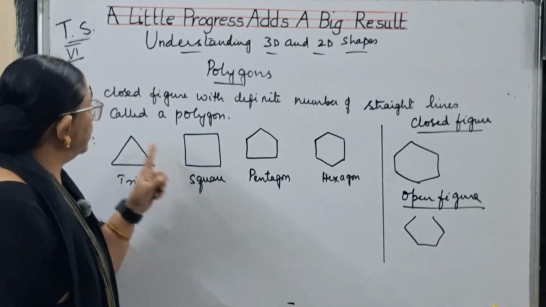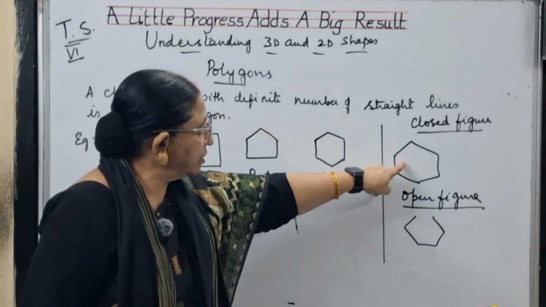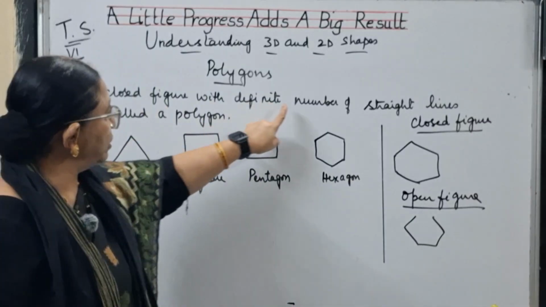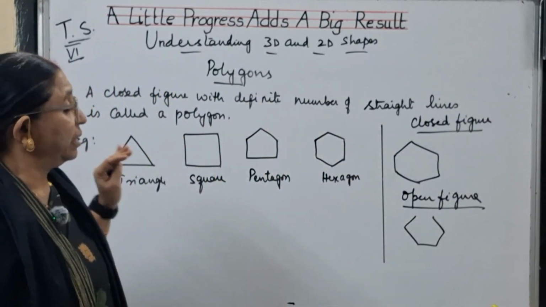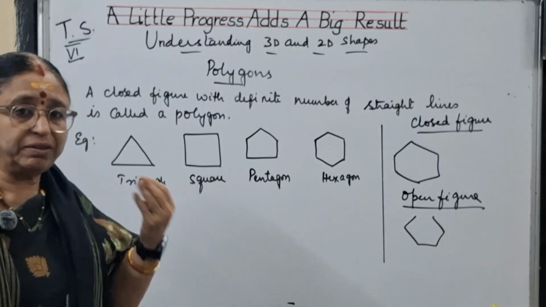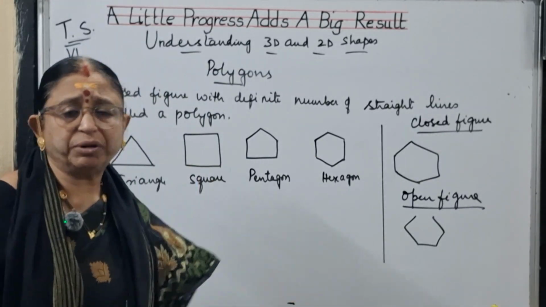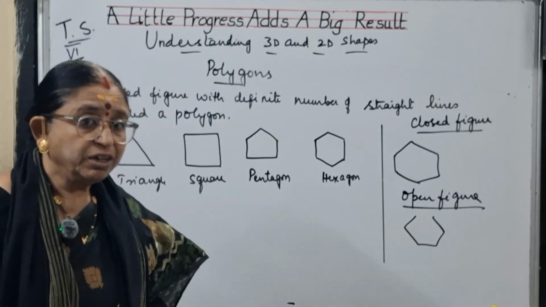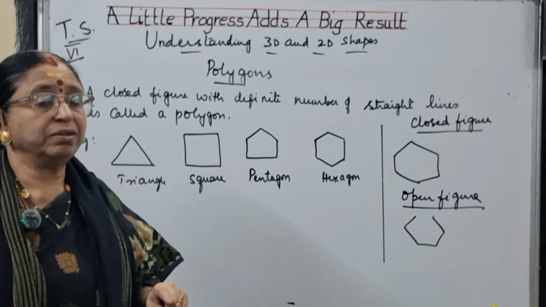So when you are talking about the definition of a polygon, a closed figure, always it should be like this. A closed figure with a definite number of straight lines. Definite number means it can have 3, 4, 5, 6, 7, 8, 9, 10, any number of sides. But all the sides should join together. That kind of ones are called polygons.